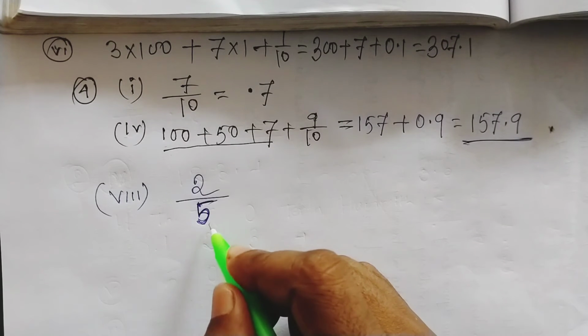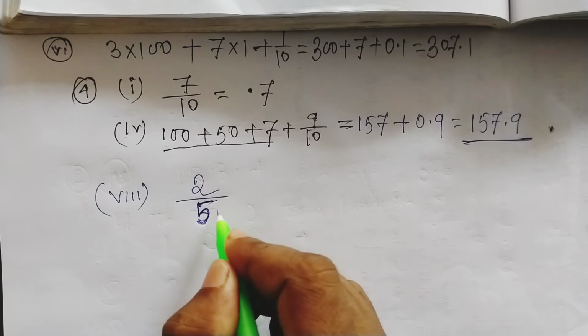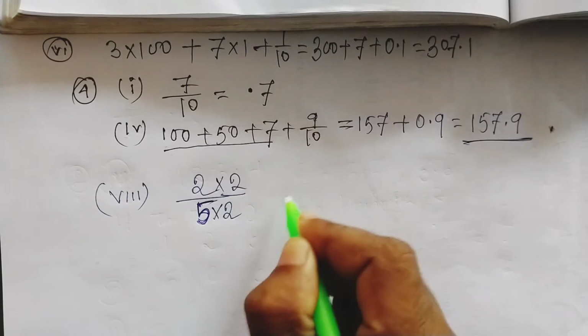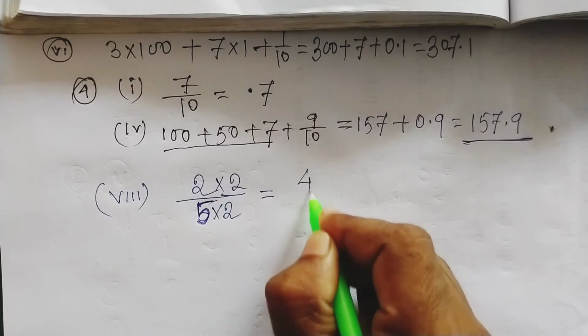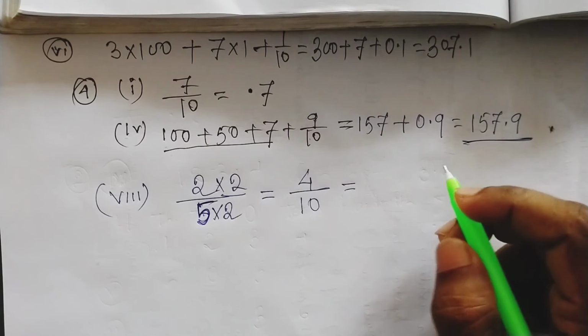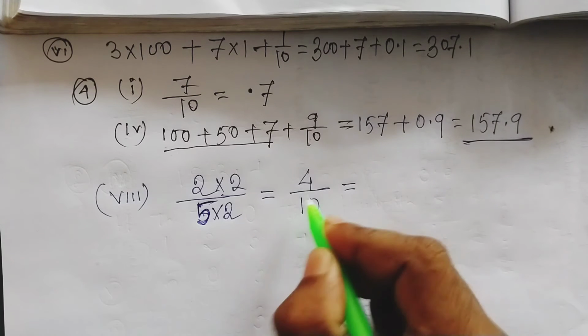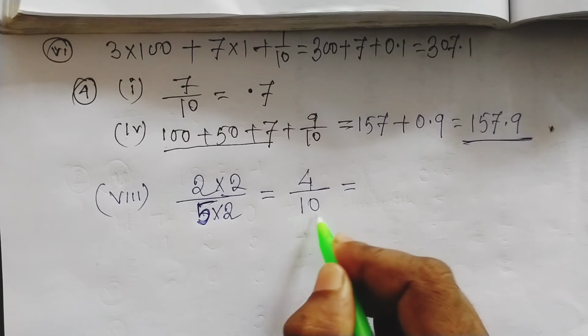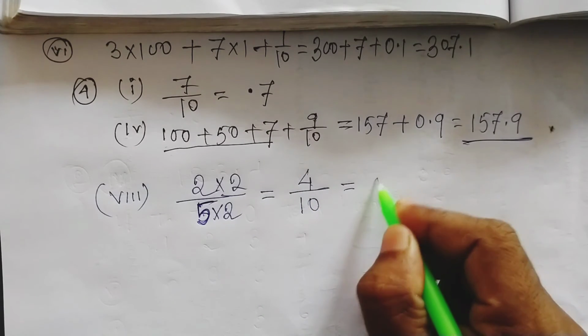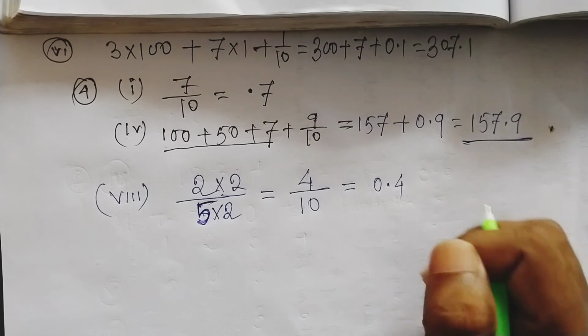If you want a multiple of 10, then we have to multiply by 2 both denominator and numerator. Then we get 2 2s are 4 and 5 2s are 10. Now you can simply use decimal. So 4 and here 1 zero. How many zeros here? Only 1 zero. So you have to put a point before 1 digit. So here 0.4 is our final answer.